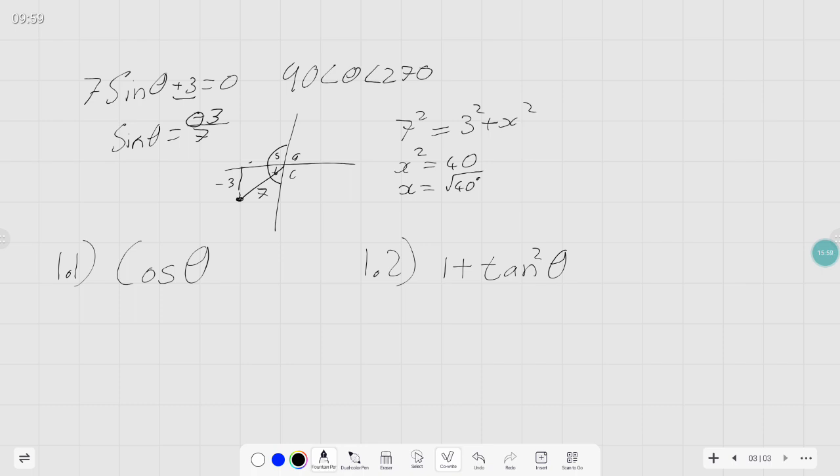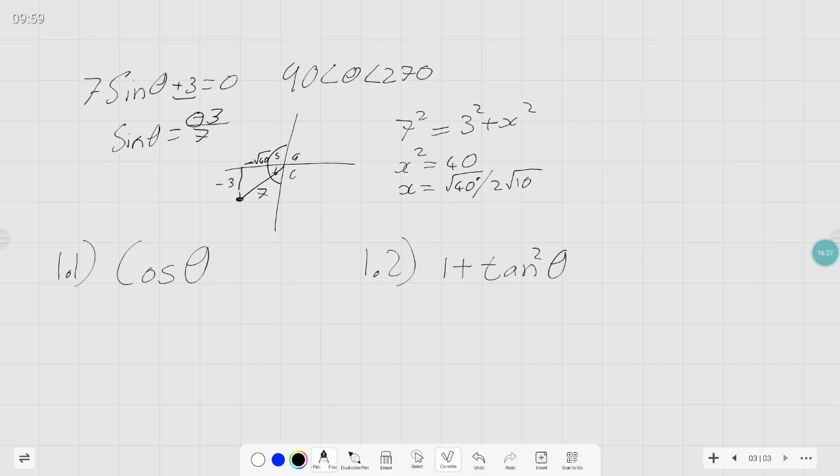You agree? I got square root of 40, or you got 2 square root 10? Yeah, it's the same thing. So square root of 40 is the same as saying 2 square root of 10. So now we have to remember it is on the negative side of x. So it was negative square root of 40 or 2 square root 10.